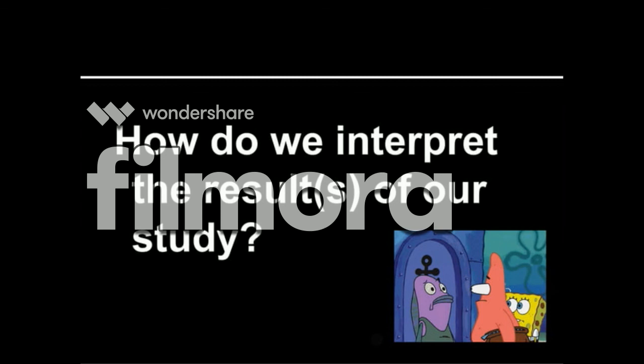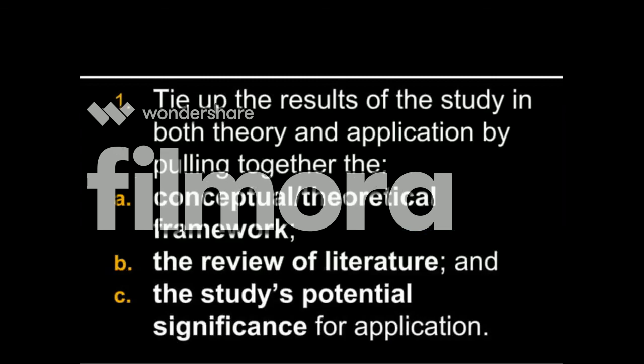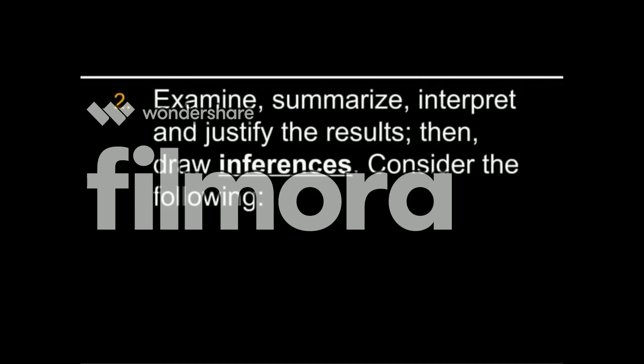How do we interpret the results of our study? First, we have to tie up the results of the study in both theory and application by pulling together the conceptual or theoretical framework, and then review the review of literature and the study's potential significance for application.